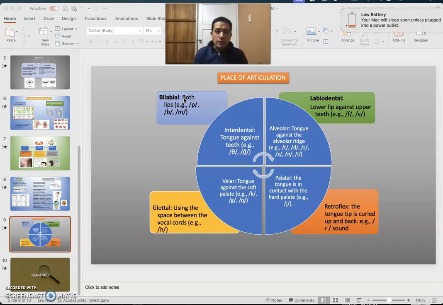The alveolar, the tongue against the alveolar ridge, for example the phonemes T, S, Z, N, L. The velar, the tongue against the soft palate, for example the phoneme K. And the palatal, where the tongue is in contact with the hard palate.